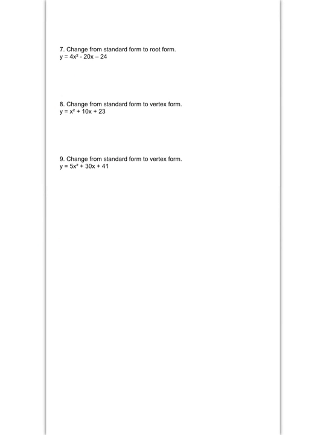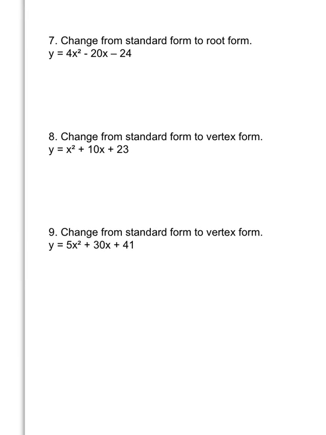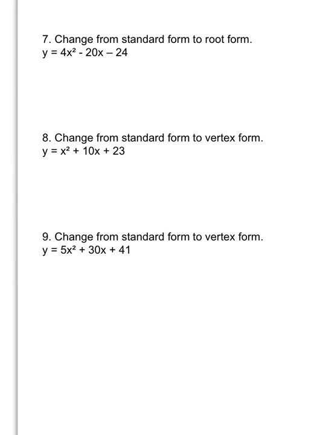Okay, so let's take a look at 7. On 7, we're going from standard form to root form. So root form is y equals a times x minus r1 times x minus r2.